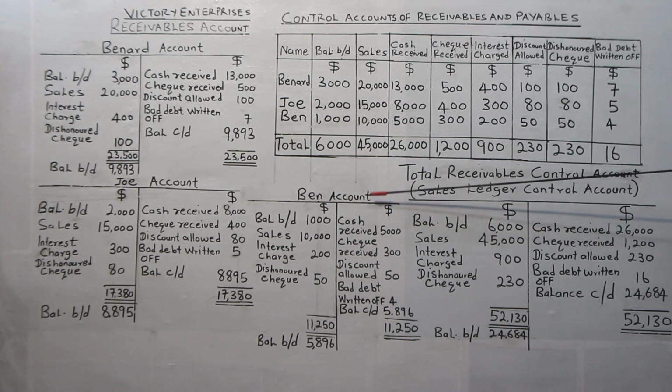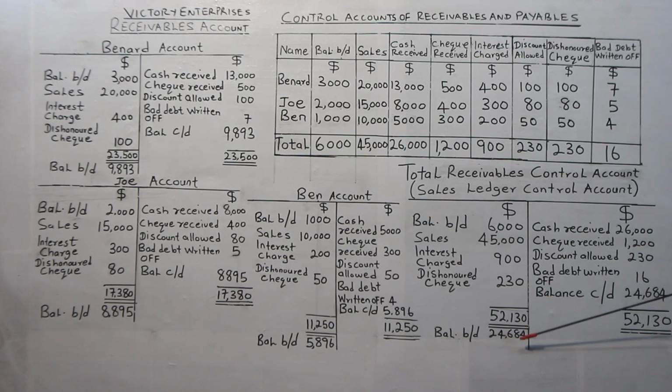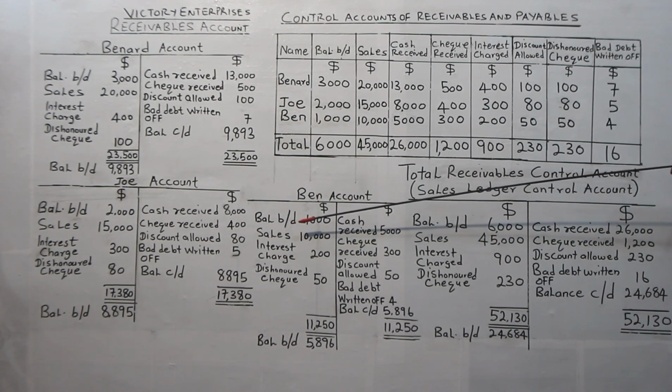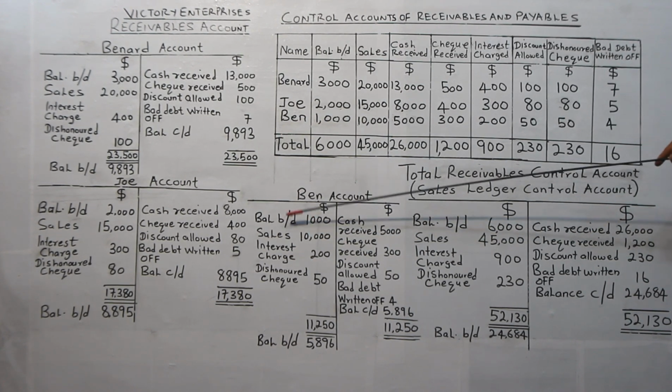Fraud. There will be fraud and all types of manipulation. But with the use of the total receivable control account, the total receivable balance at the end of the period can be known at a glance, 24,684. And with this, a great form of control is exercised over the individual accounts.